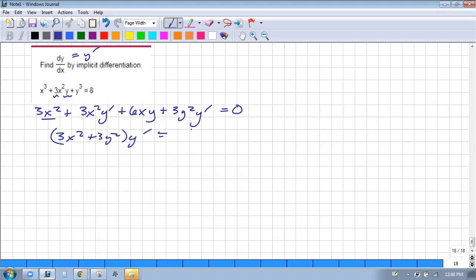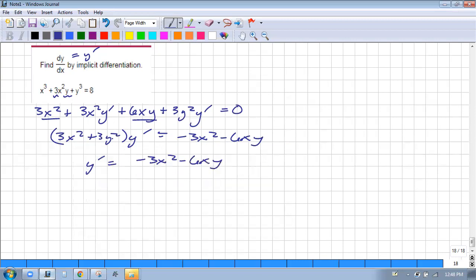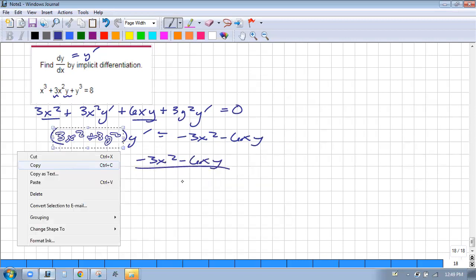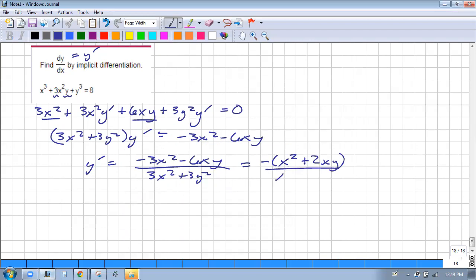The rest of this stuff we move to the other side. So y prime is this stuff divided by this stuff, which we could easily simplify. Everything has a 3 in it. So this is negative x squared plus 2xy over x squared plus y squared. I just divided everything by 3.